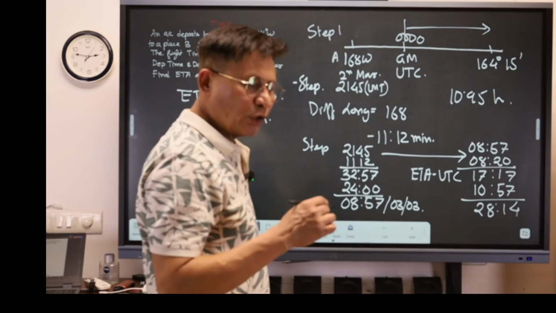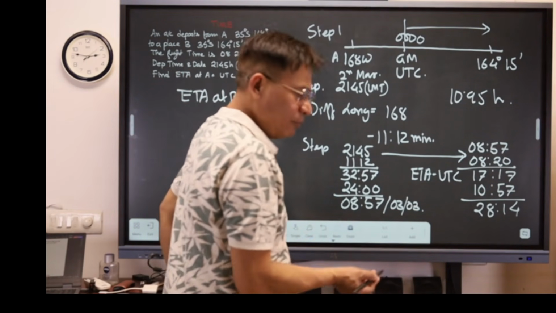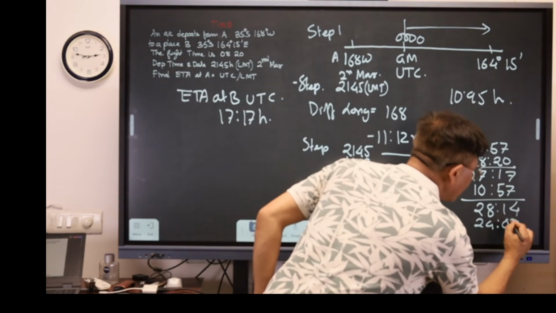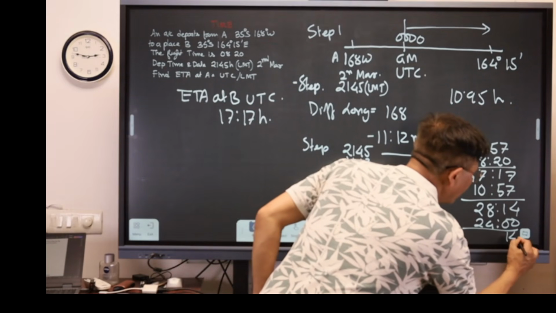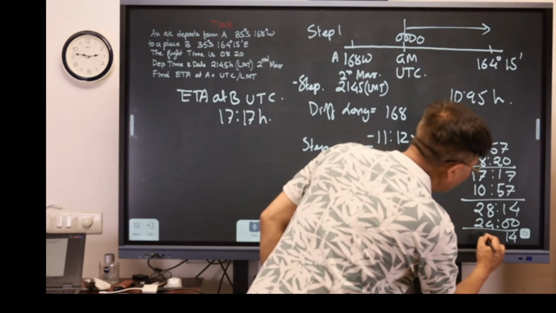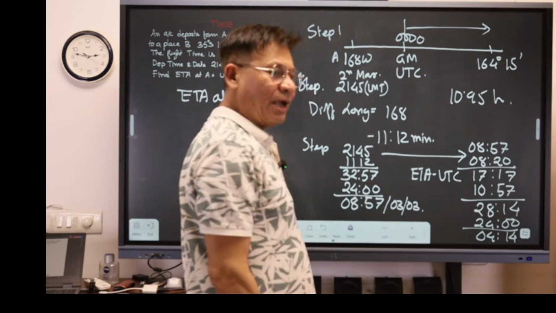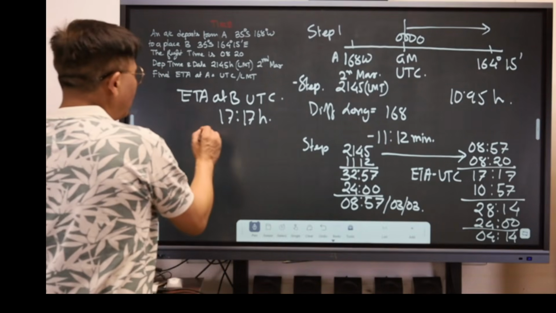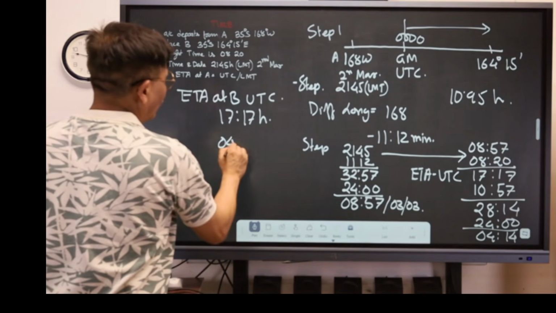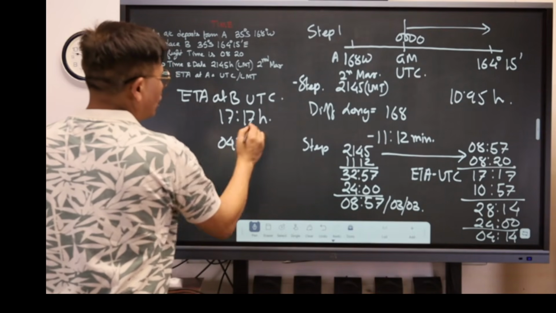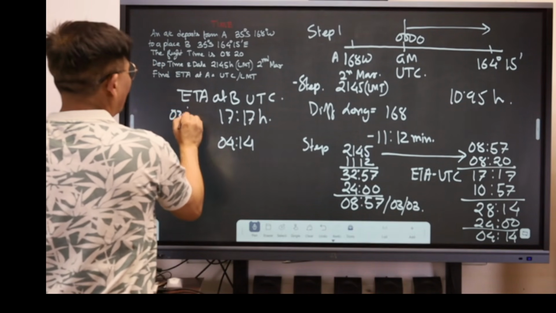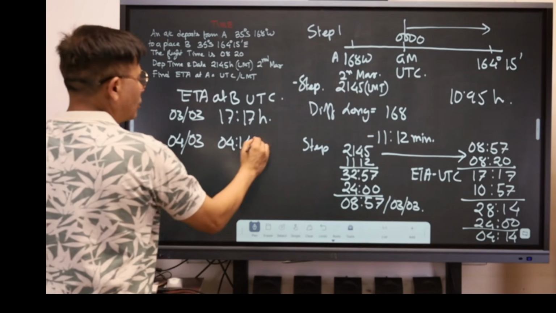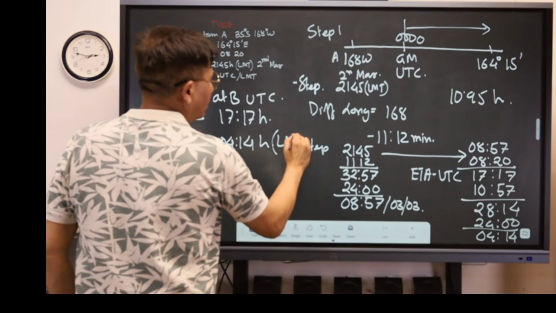Once again, 24 hours has lapsed, so I have to subtract 24 hours so that it changes into the next day. So 0414. So the time of arrival at point Bravo in the local mean time will be 0414. This was on 3rd of March, so now this will be on 4th of March, at local mean time.